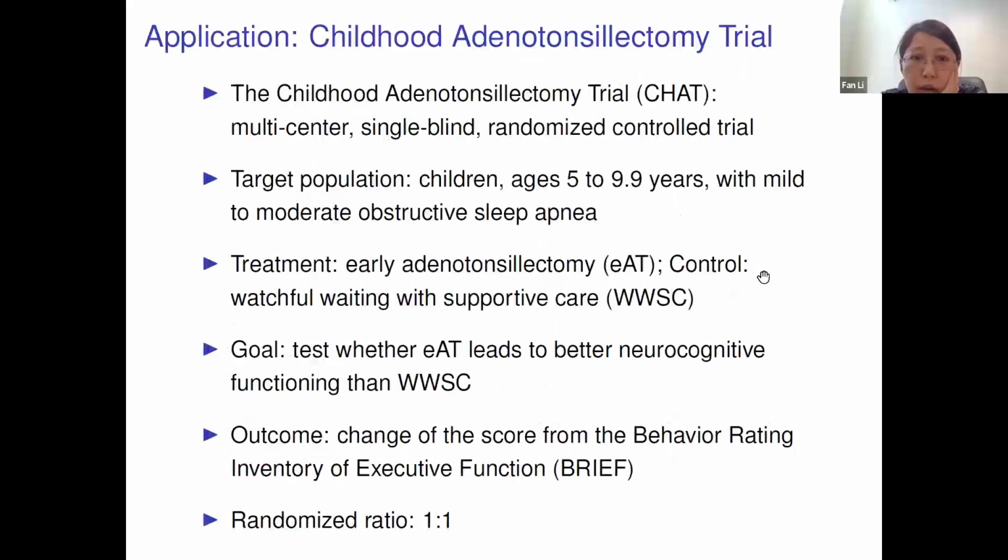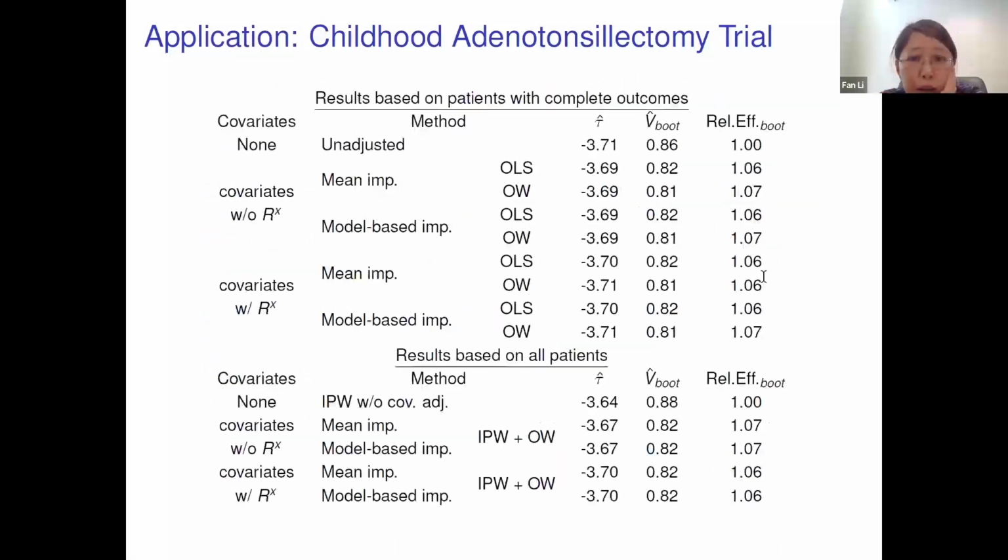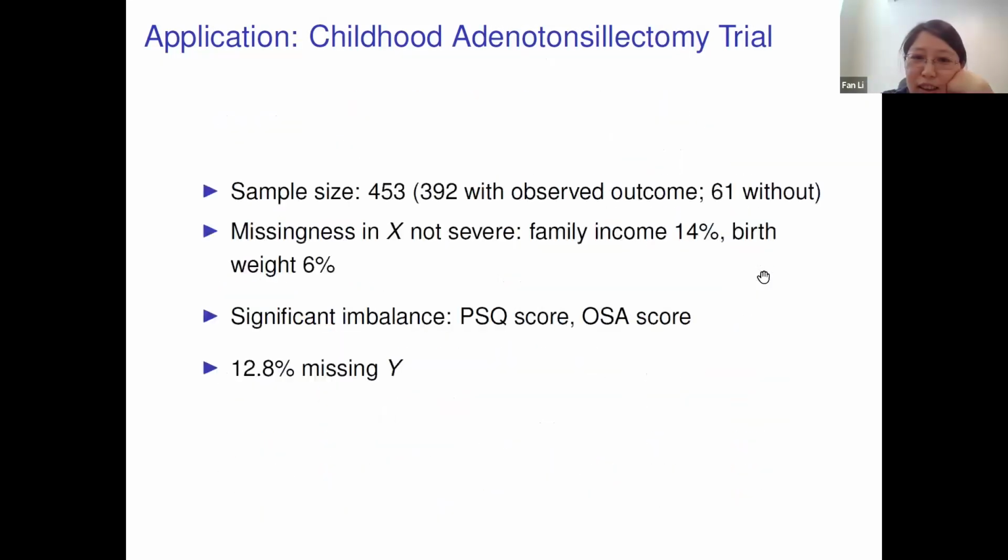Okay. And so I have an application, but I don't have time to talk about that. In this application, the sample size is relatively big, like 450 units, and something like 13% missingness in Y. In this case, the missing data is not a big deal.